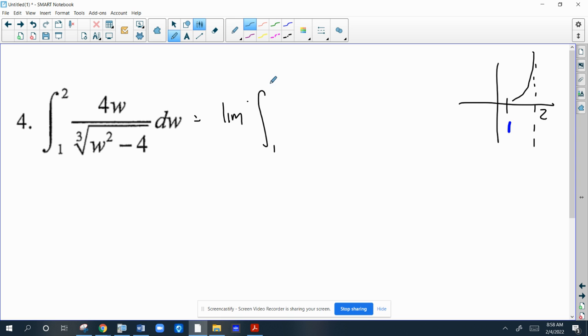The upper limit is the problem. We'll call it b. And we're going to approach 2 like this, because we're going from 1 to 2, so we're approaching from the left. So we'll just say as b approaches 2 from the left, and basically now we're going to have an equivalent integral that's doable.